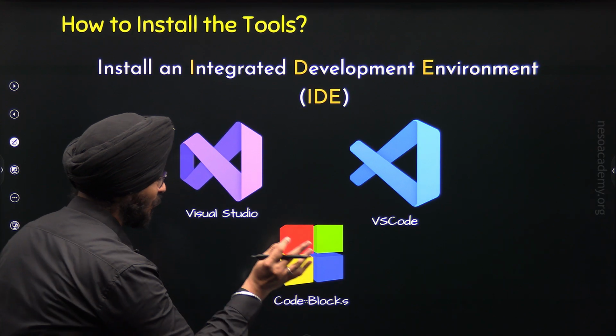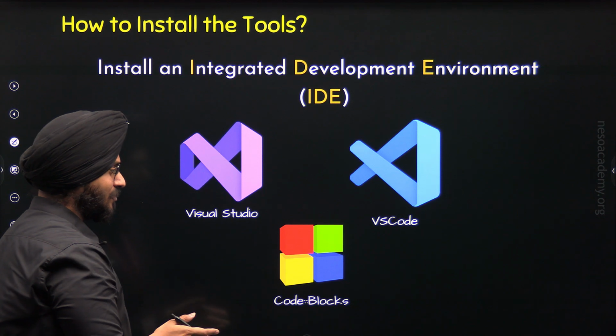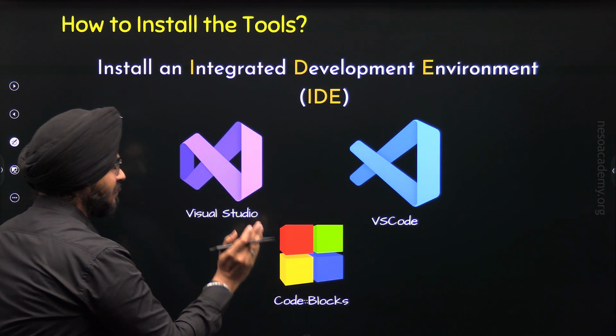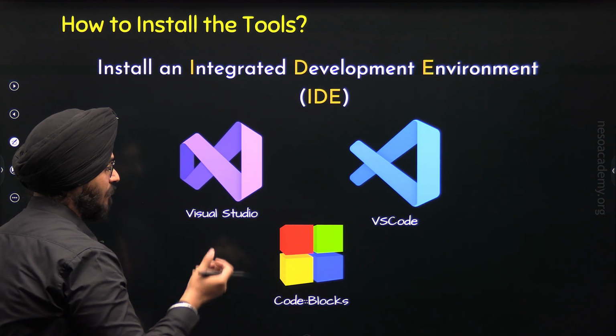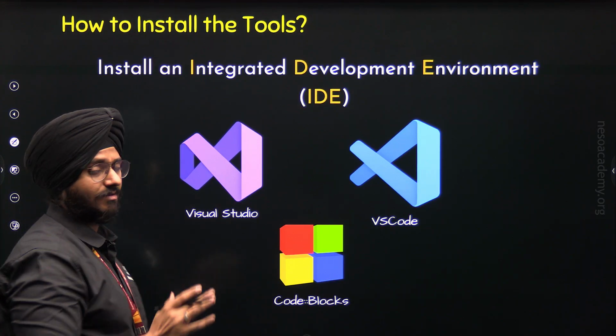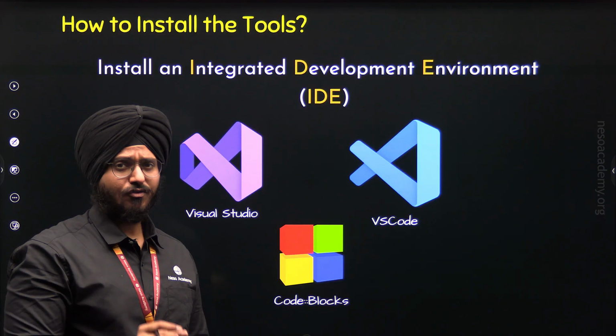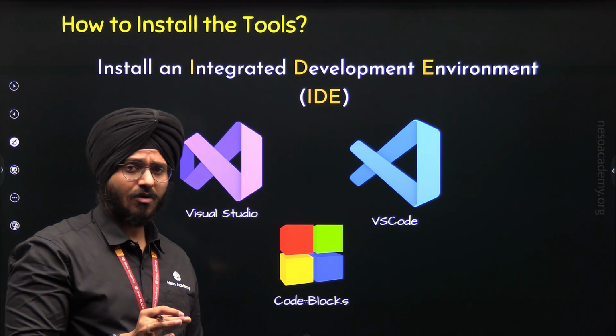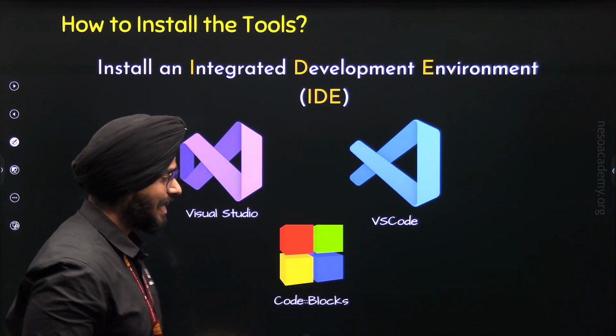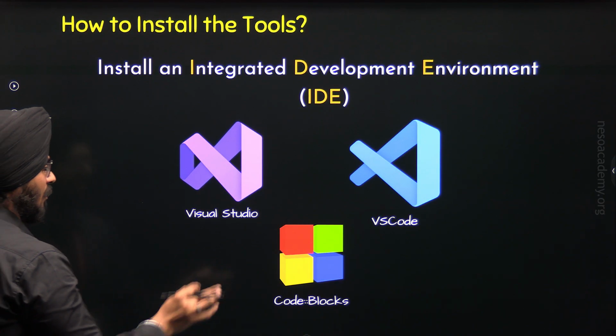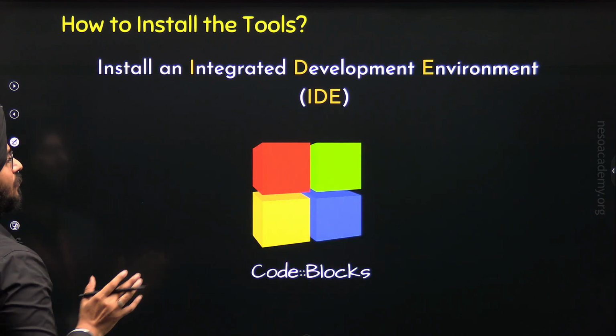So, we are going to install Code Blocks in this course because configuring this IDE for C++ program development is quite easy. So now you know exactly which IDE we are going to download and install on our systems. The IDE that we are going to install on our systems is Code Blocks.